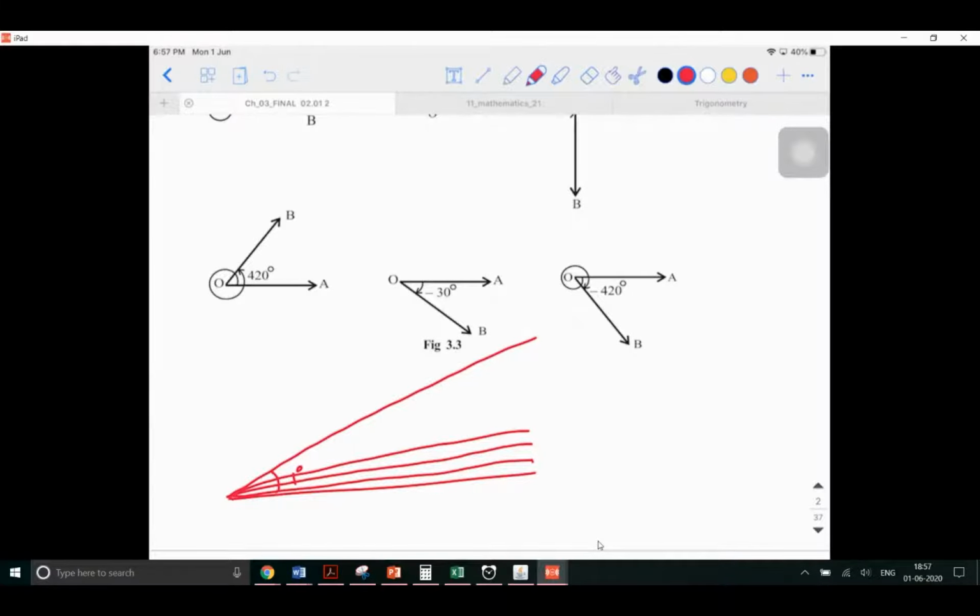Then each angle between two subsequent lines is called as 1 minute. Okay. If I take this as 1 minute, minute is represented with a symbol 1 with a dash on top of it. If I take this as 1 minute, then this 1 minute is further subdivided into 60 seconds, and it is done for a concept called as precision. Precision means it is like how accurate your value is going to be.